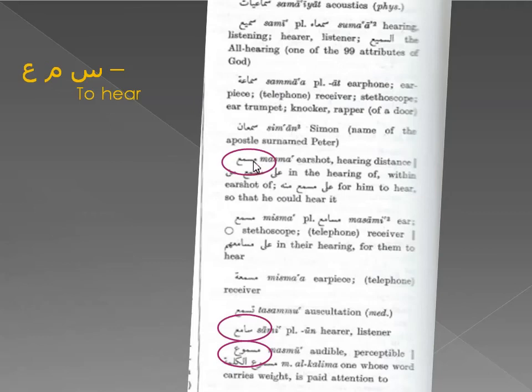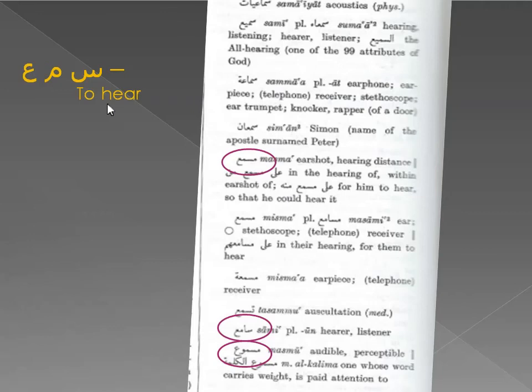And lastly, masma'. I realize that is very hard to read, but that's what it says. You can tell in the English easier. Masma'. This is a place noun, but again, here a place of hearing, right? Earshot, hearing distance, within hearing range of that. So here we have all of these used in one typical root, sama'a.